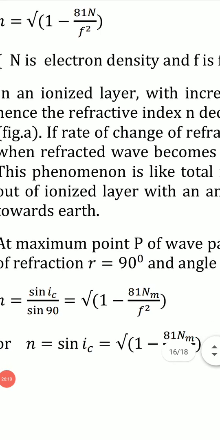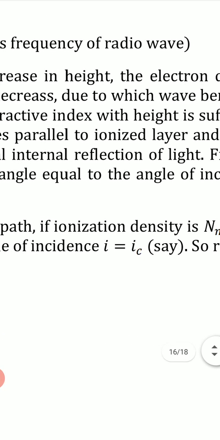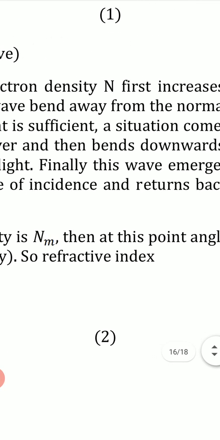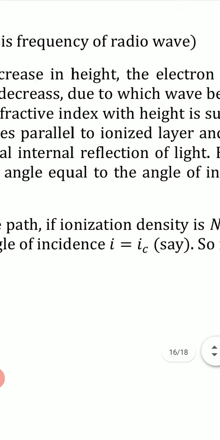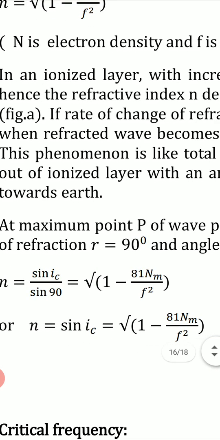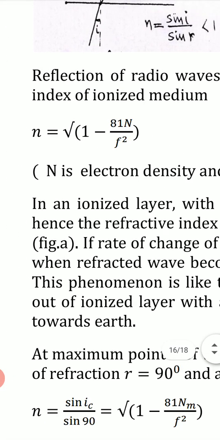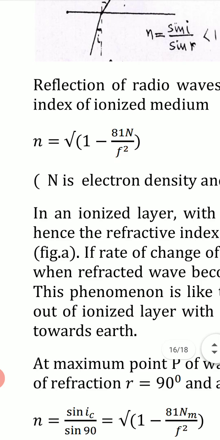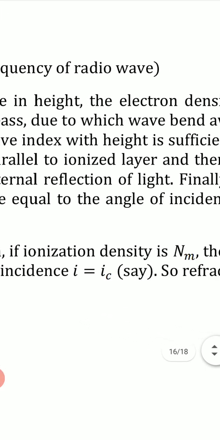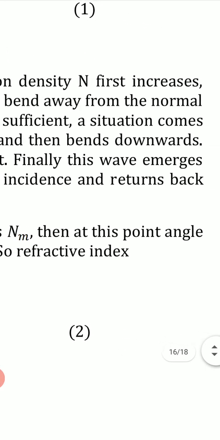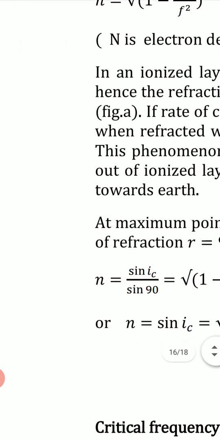In an ionized layer, with increase in height, the electron density capital N first increases, hence the refractive index small n decreases. Small n depends on capital N, and with the increase in height this capital N increases, so this small n decreases, due to which the wave bends away from the normal.